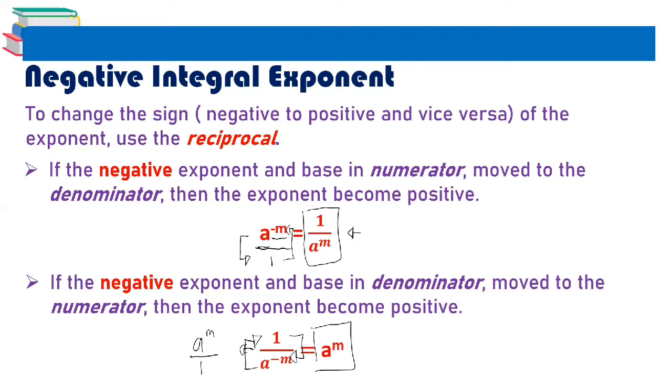Again, since we reciprocal our given expression, 1 over a to the negative m power, the negative sign in the exponent will become positive. So for this negative integral exponent, let's have an example. How are we going to solve this one?